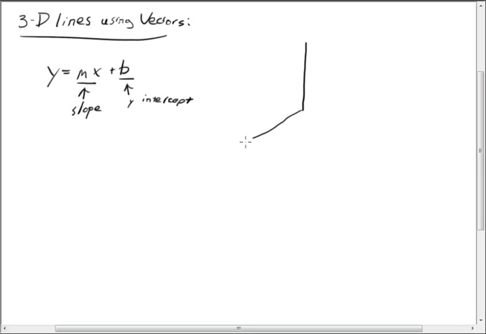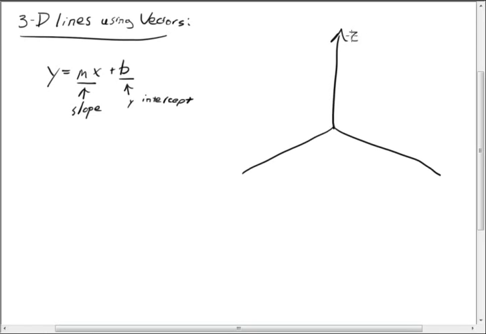So if we have our 3-dimensional axes here, z, y, x, we can pick a vector like so.